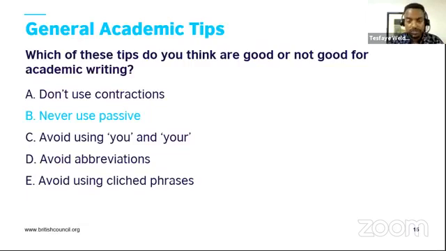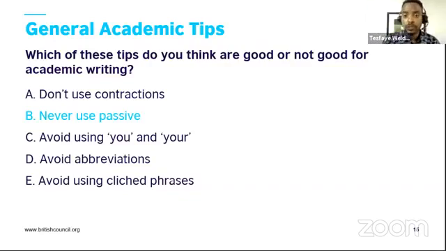So you is second person, your is, yeah. Avoid abbreviations. If they are defined already, in the introduction maybe or at the end, it's fine. But when they're not defined, avoid them.